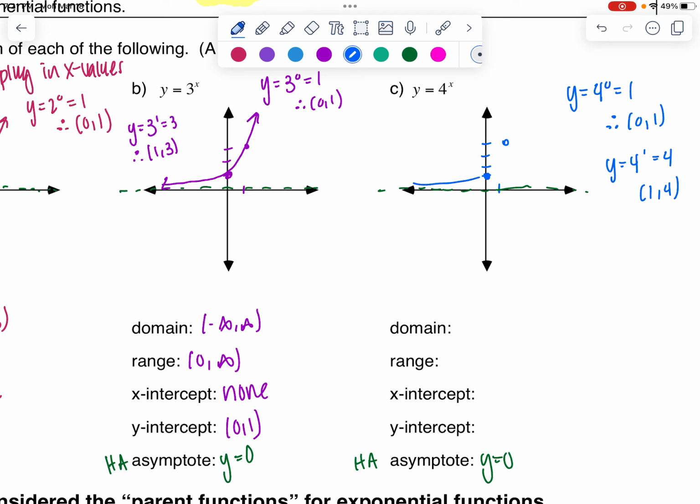And this is what our graph will look like. Our domain stays the same, negative infinity to infinity. Our range is still 0 to infinity. There are no x-intercepts because of our horizontal asymptote at y is equal to 0. And 0, 1 for our y-intercept.